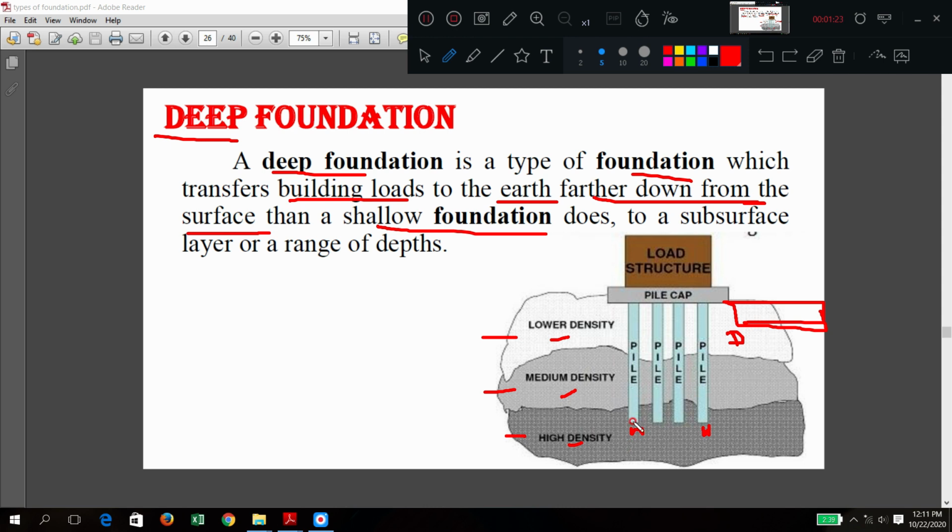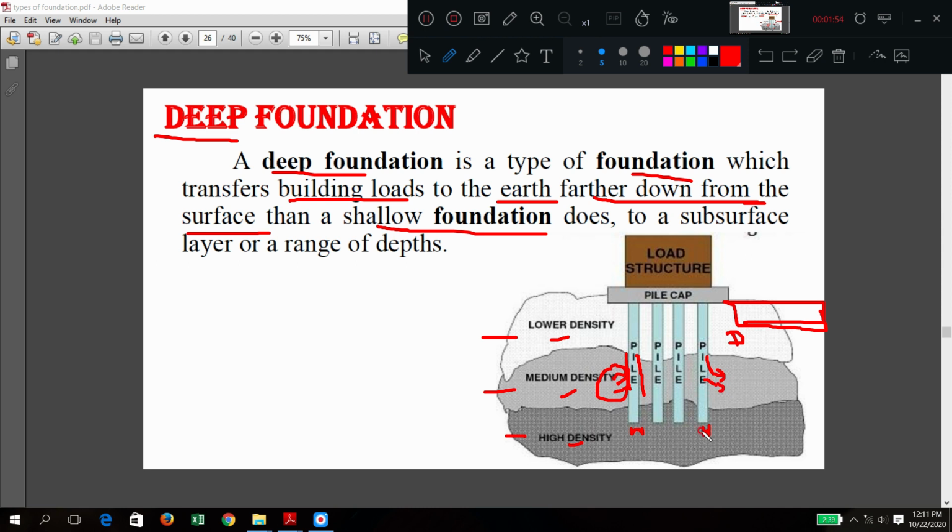If it transfers some portion of the load through its surface, then we call it a friction type of pile foundation. If the load is transferred using its skin or surface area through the friction generated between the surface and the neighboring soil or sand, then we call it a friction type of deep foundation.